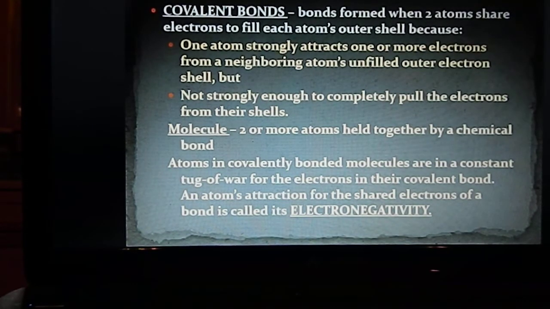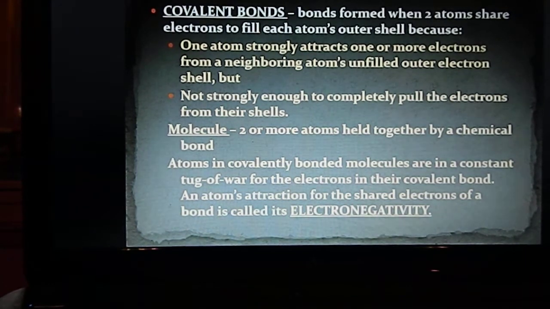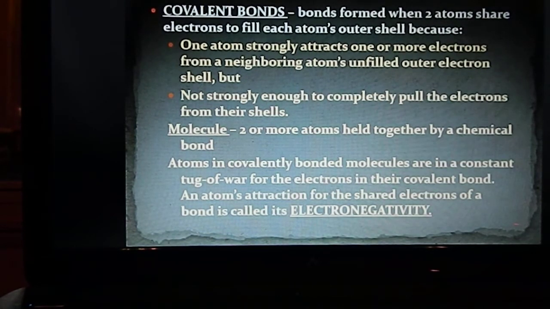So covalent bonds. Covalent bonds are bonds where two atoms need outer shell electrons, but they don't have enough attraction for their partner's outer shell electrons to pull them out of the orbit, right?